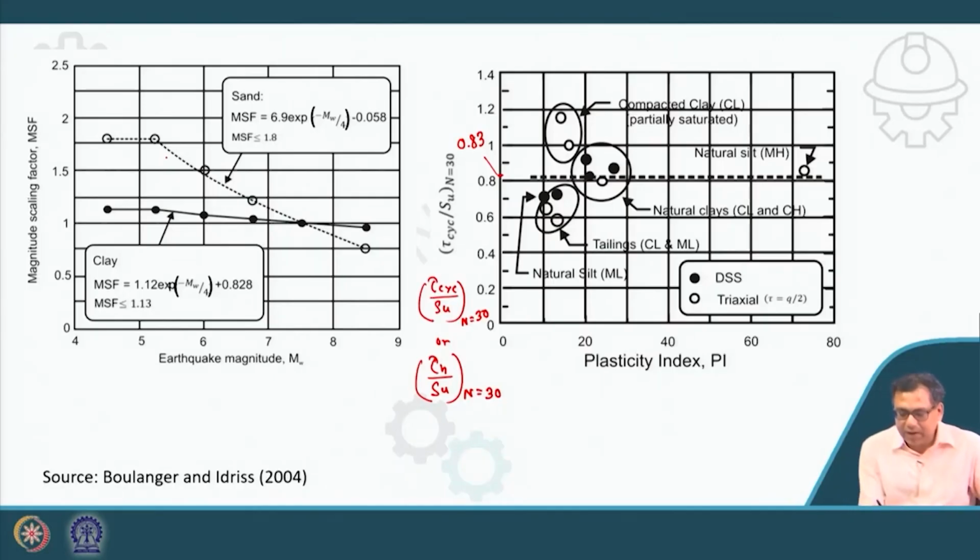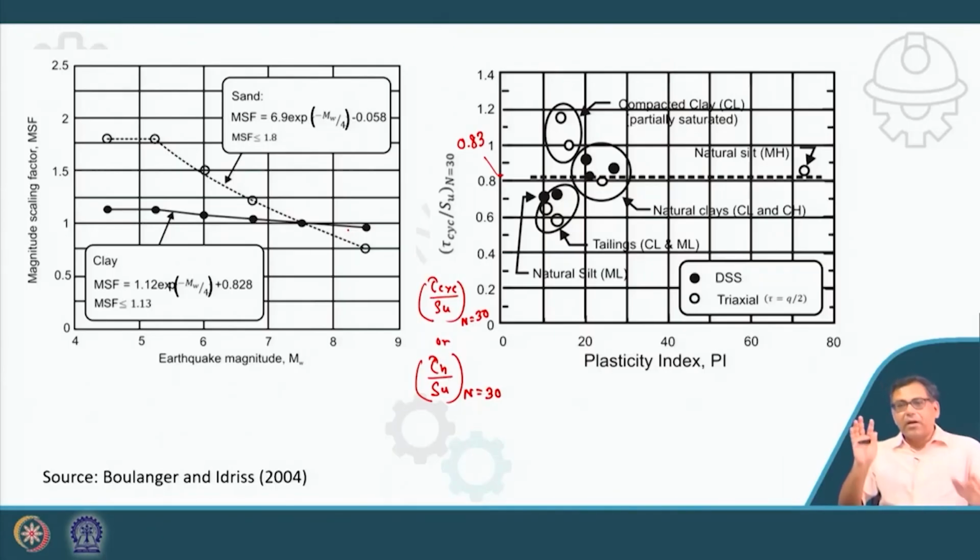At 7.5 both are the same, but if it is greater than 7.5, then the MSF value for sand is lower than clay. So the clay curve of magnitude versus scaling factor is more or less flat, meaning the variation is not as significant as for sand-like soil, where the variation is more significant.